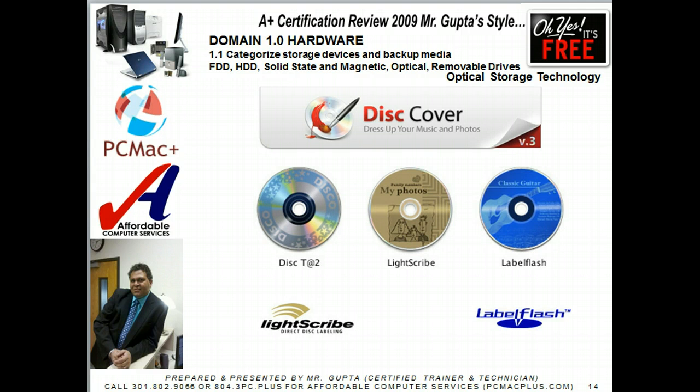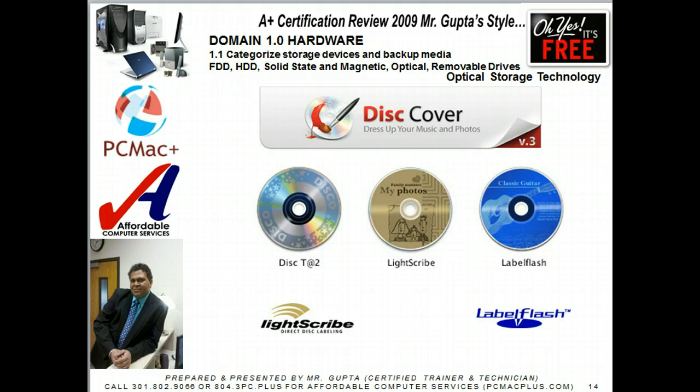We have two technologies that we need to know when we are talking about labeling CDs or DVDs. It's called LightScribe technology versus LabelFlash technology. LightScribe technology was introduced to the market by Hewlett-Packard in 2004.